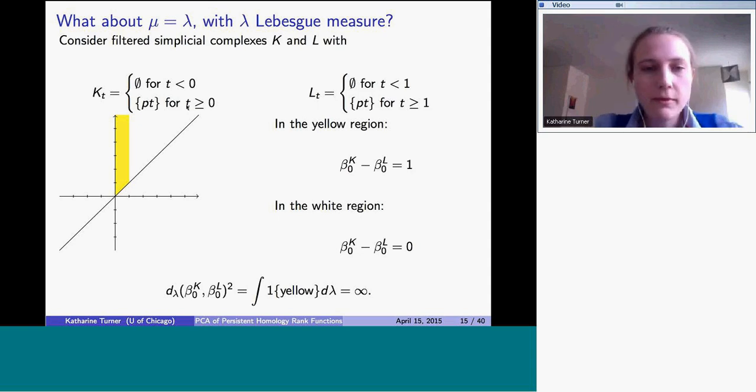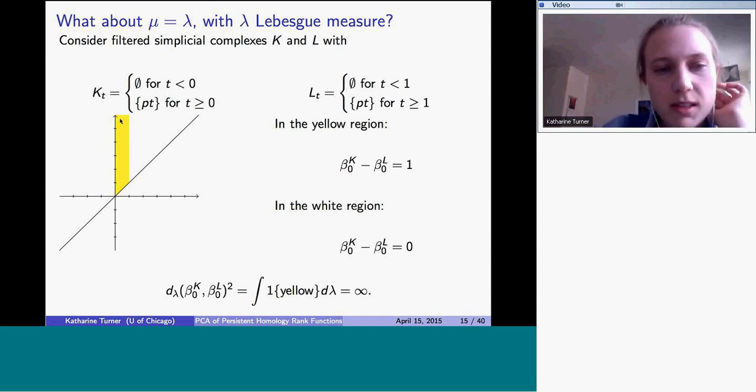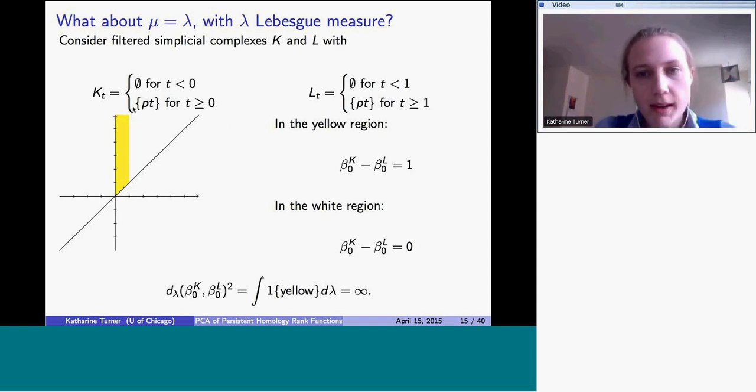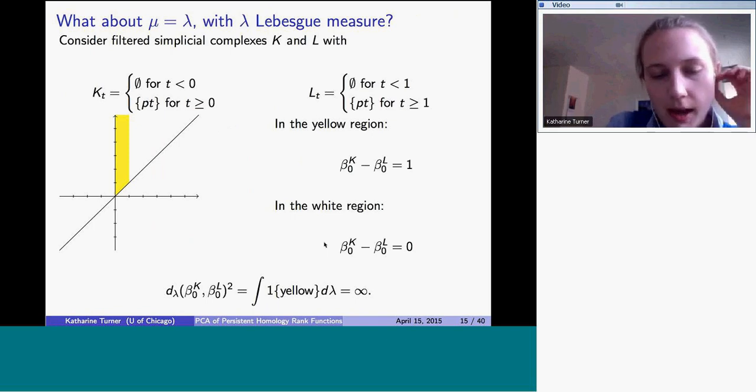Now, you're going to have this sort of column where the persistent homology rank function will differ, because it will be 1 everywhere for x bigger than 0 for K, but it will be 1 only for x greater than 1. So you have a difference over here, and if you took Lebesgue measure, you're getting the integral of 1 over an infinite strip, which would be infinity.